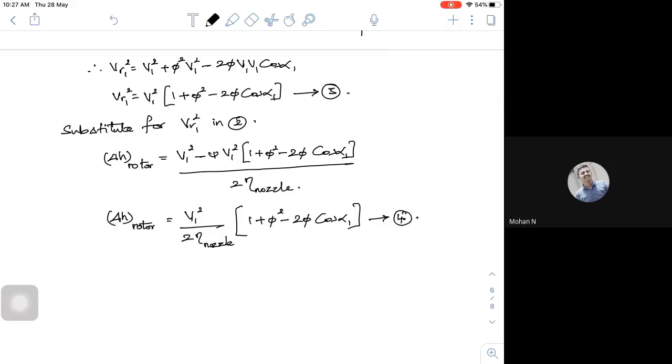Now what will happen if you have a fixed set of blades, each row of fixed blades?